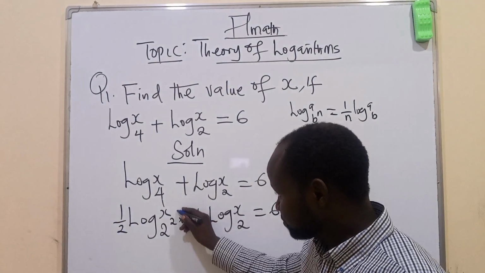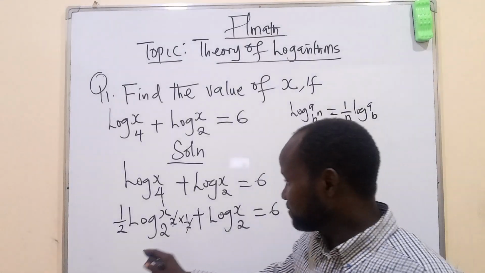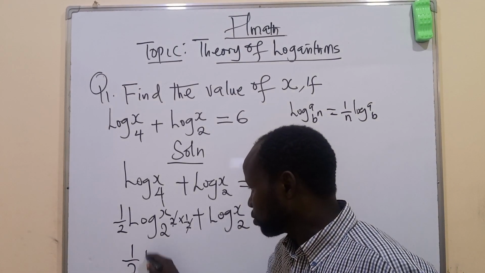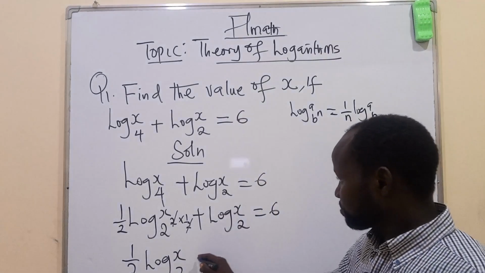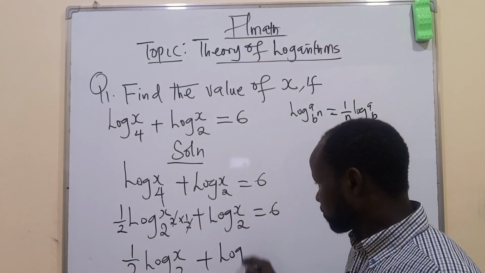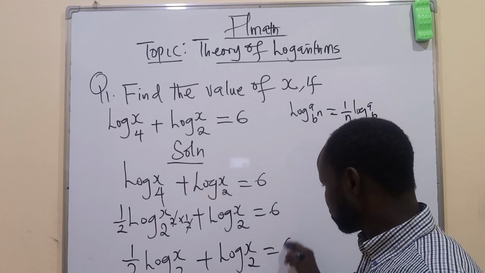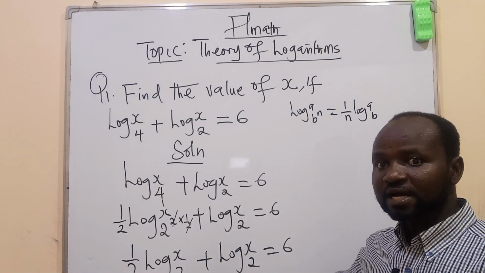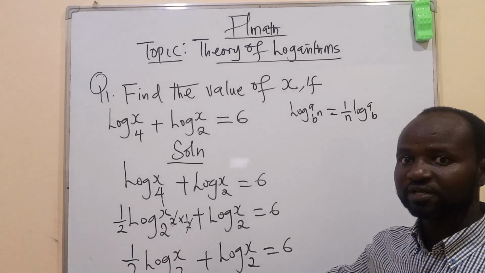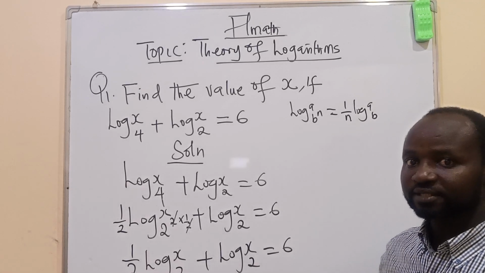You realize that this will divide this. I'll be left with half log x to base 2 plus log x to base 2 equals to 6. The bases are the same now, both on the left hand side and the right hand side.